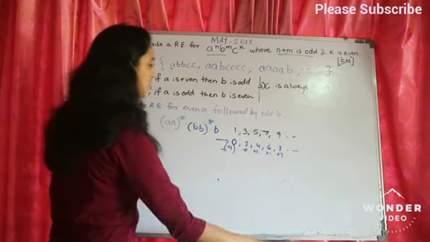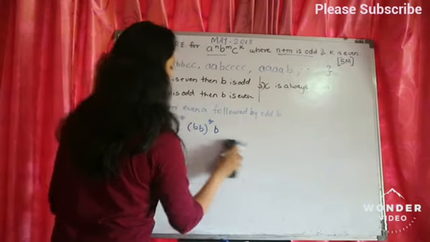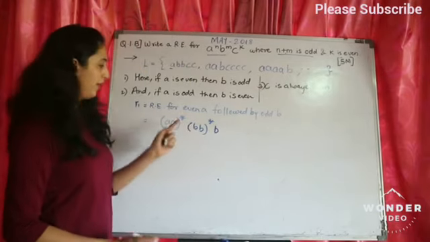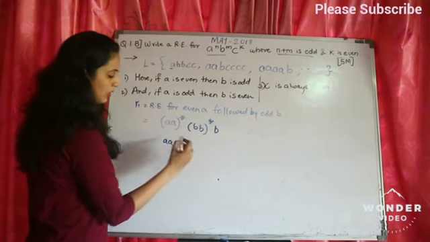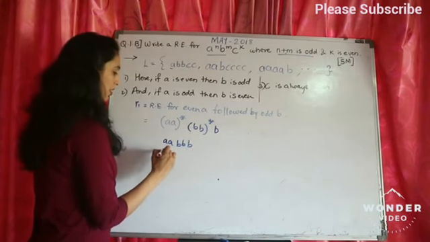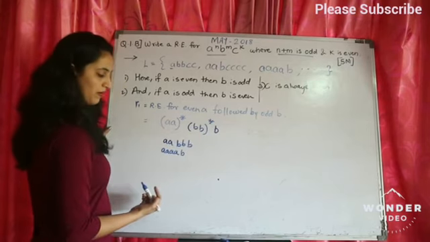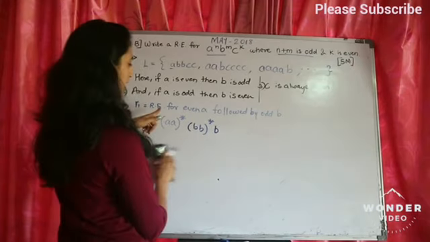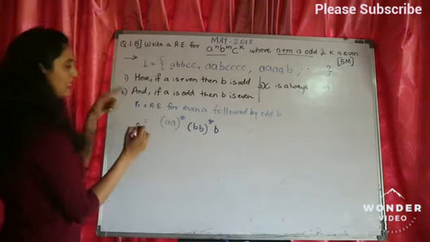So now this string is like AA closure, BB closure followed by B. It will always give me AA, BB, B, an odd number sequence, and AA, only B if I am taking this 0 times. So it will always give me the string of this particular type, even number of A followed by odd number of B. Next we will try to find out the next part.